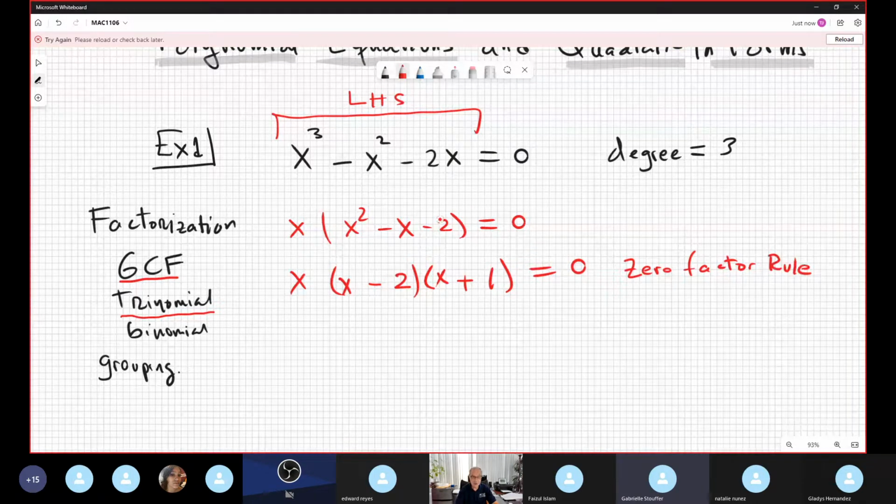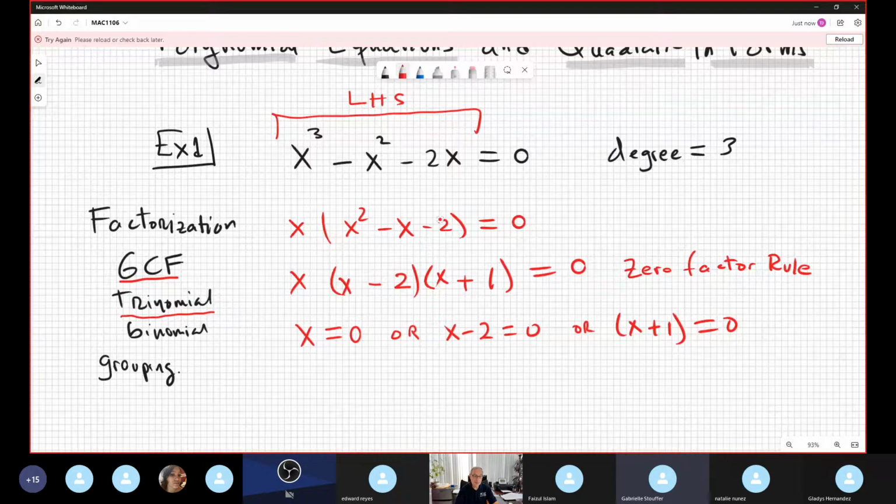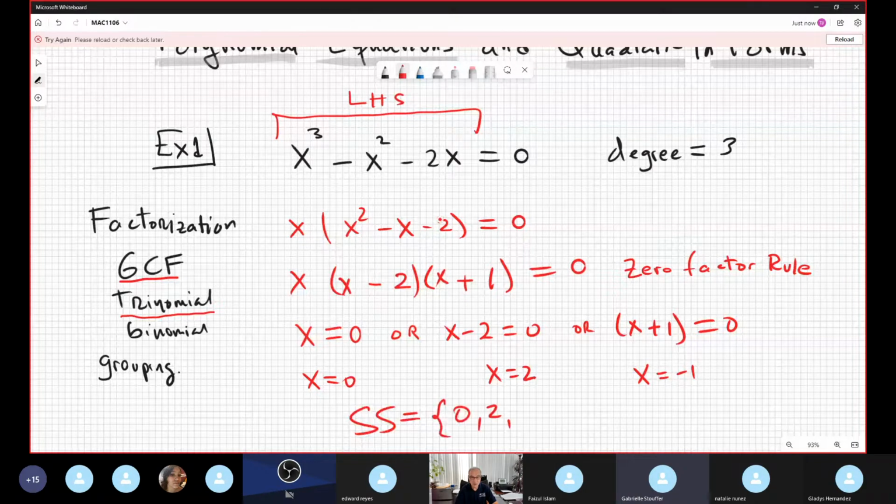Each factor is equal to 0 because the first factor is 0, or the second factor is 0, or the third factor is 0, or together. So you separate the problem into elementary linear equations. The first is x equals 0, the second is x equals 2, and the third is x equals negative 1. The solution set for this polynomial equation is 0, 2, and negative 1.